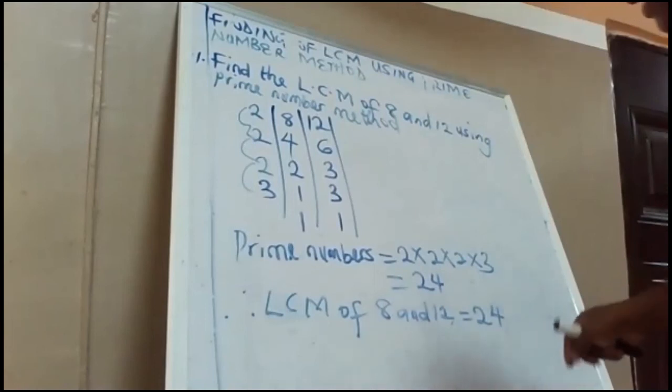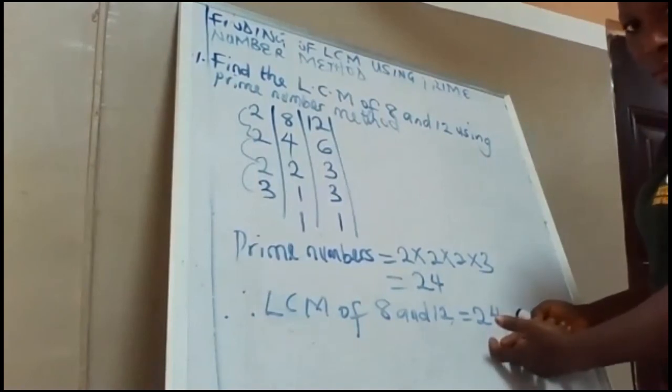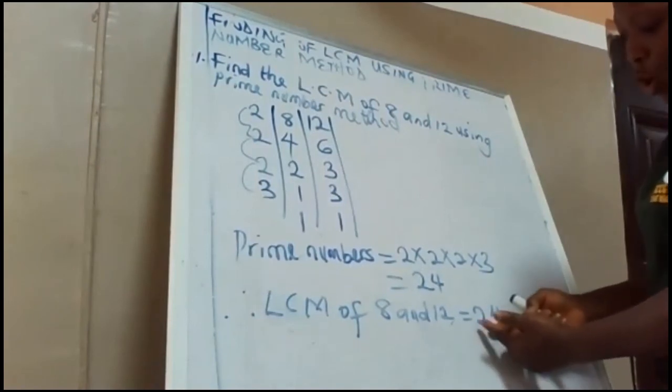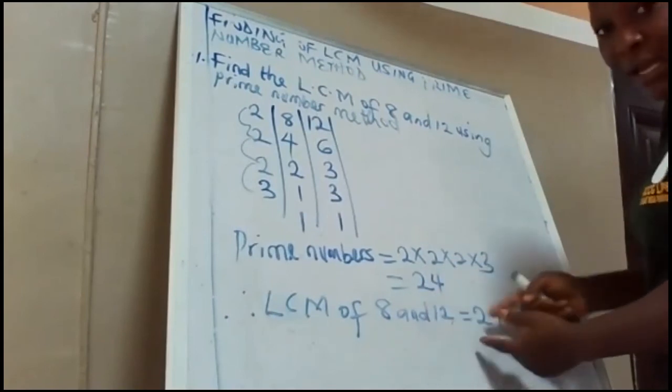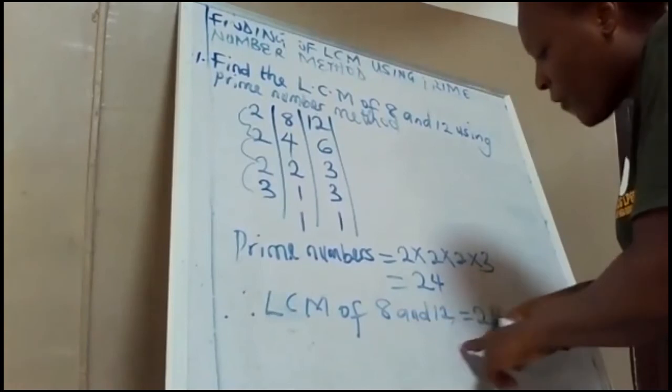This is a common multiple of 8 and 12, because 8 and 12 can divide it.